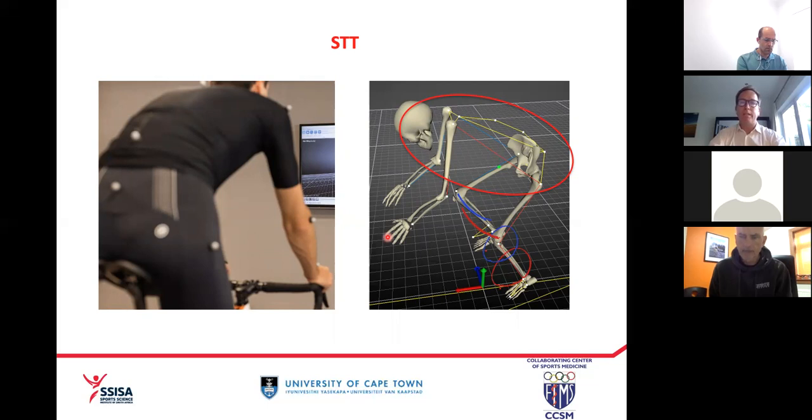We asked STT if they could please change their marker position and update their software. And to their credit, they were good enough to actually do that and had a turnaround time that was very fast. And we are now using a beta version of their software that incorporates a different marker set.